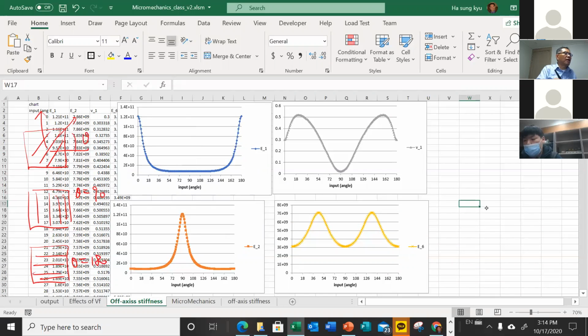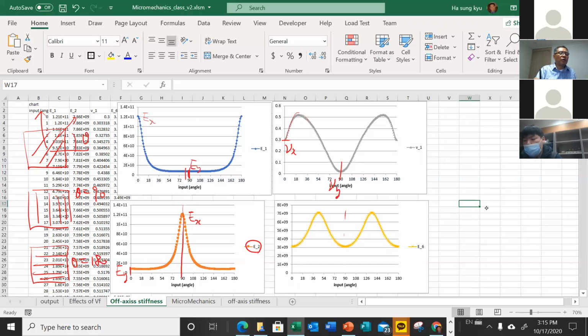So if theta is 0, this is E1, the same as the E-axis, and at 90 degrees this will be EY, and this is E2, this will be EY, and here it will be EX. And for Poisson's ratio, that will be mu x, and very interestingly, at 90 degrees this will be mu y, and goes up and down.